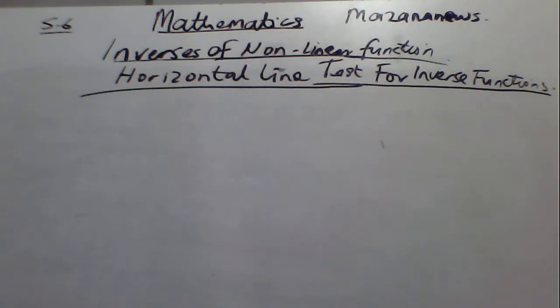What does this state? The inverse of a function f is also a function if and only if no horizontal line intersects the graph of f more than once.